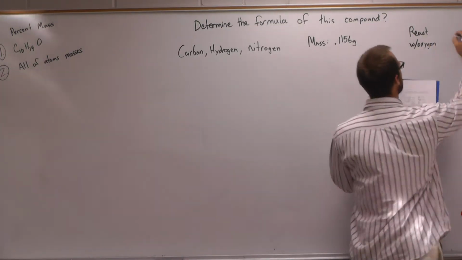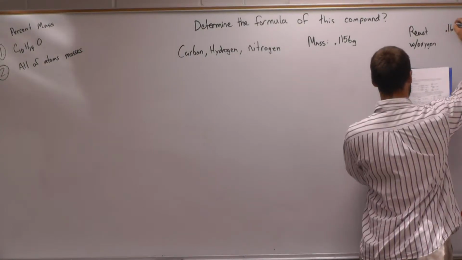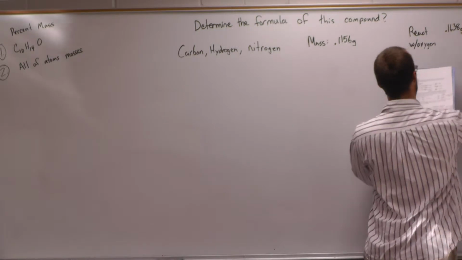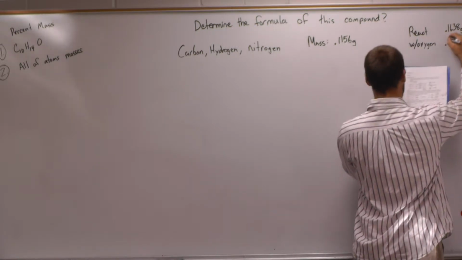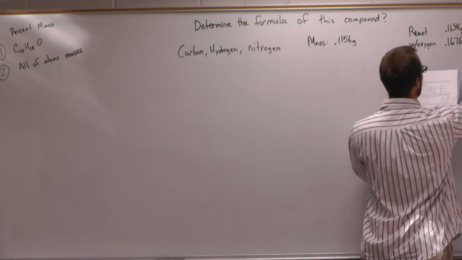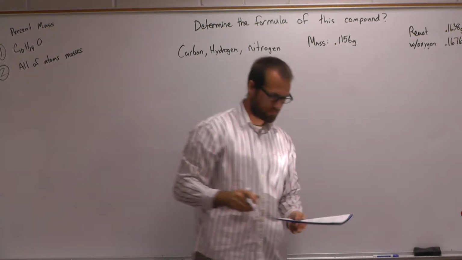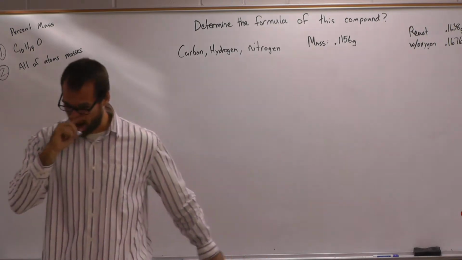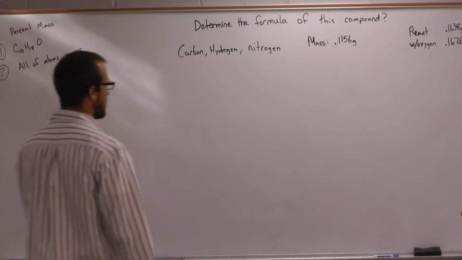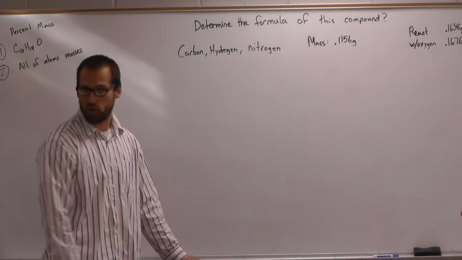When we do this, we get 1.638 grams of CO2, and we get 0.176 grams of H2O. Figure out the formula of the compound. Sounds like fun. Just watch. This is a difficult one, and I just want you to walk through with me, okay?